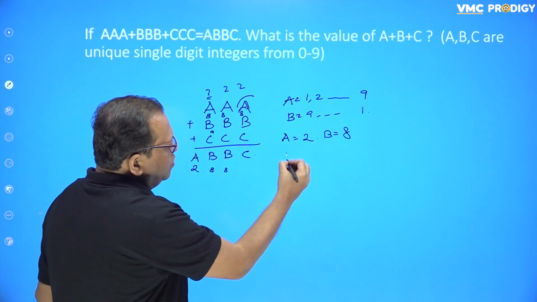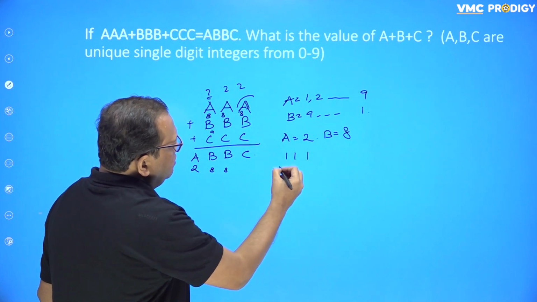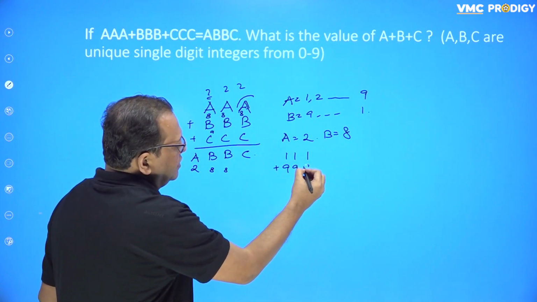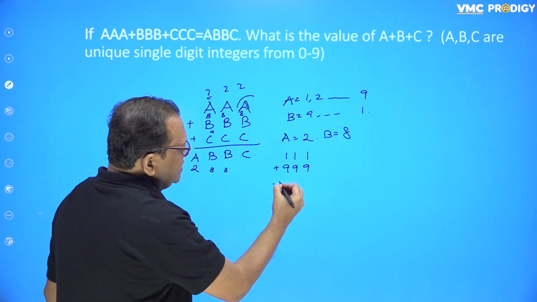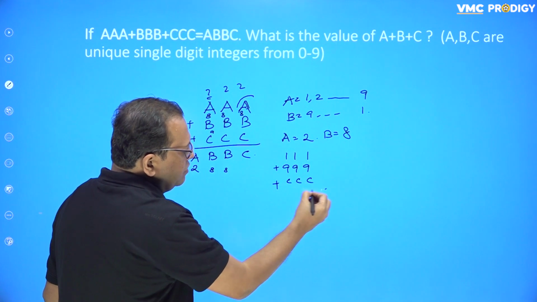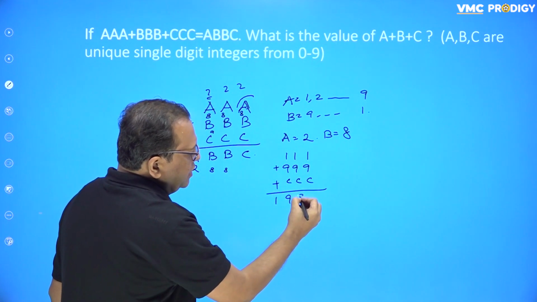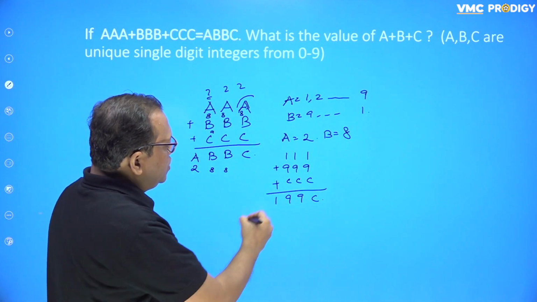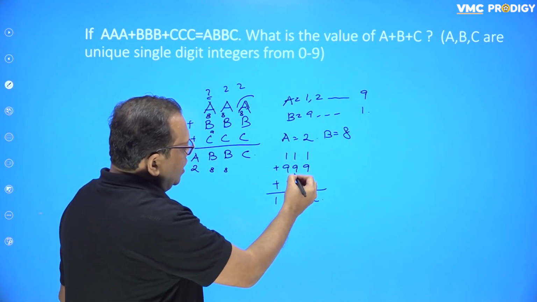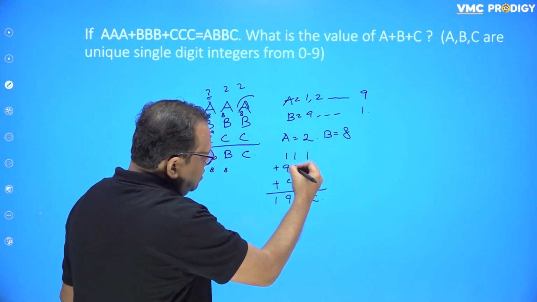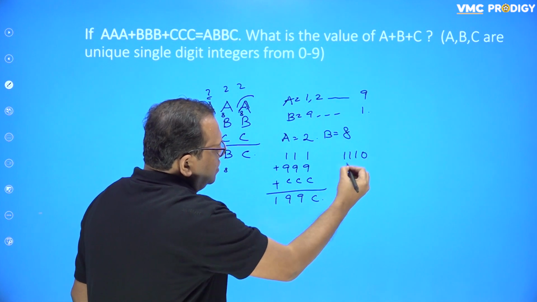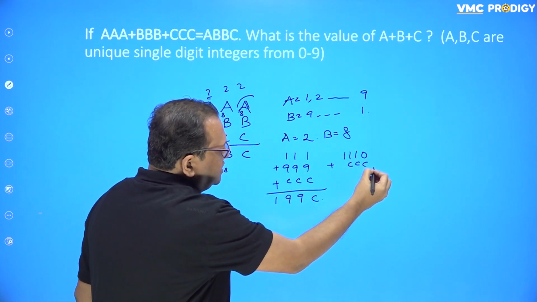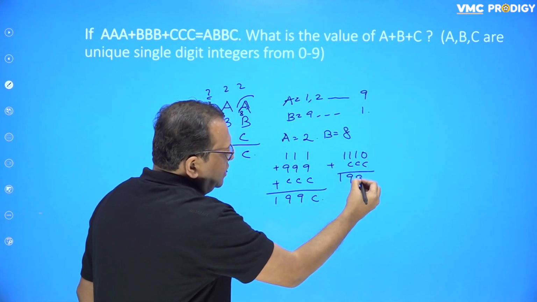So A will be 1, 1, 1 and B will be 9, plus C will be equal to 199C. So if you add these two numbers, what do you get? 1110 plus C is equal to 199C.